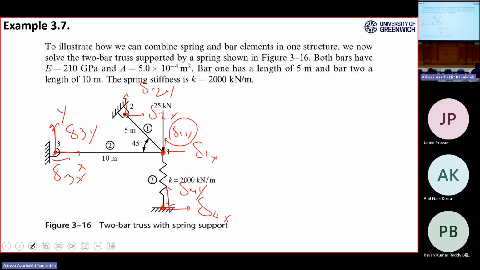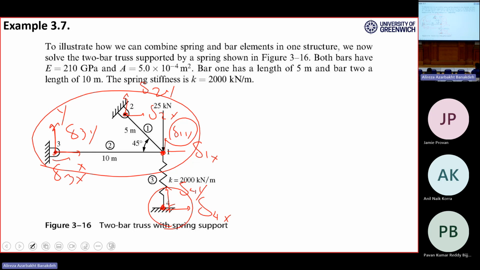So it doesn't mean that we have 8 degrees of freedom. To be honest, we have 7 degrees of freedom because I have 6 degrees of freedom because of nodes 1, 2, 3, and 1 additional degree of freedom because of node number 4 in y direction.